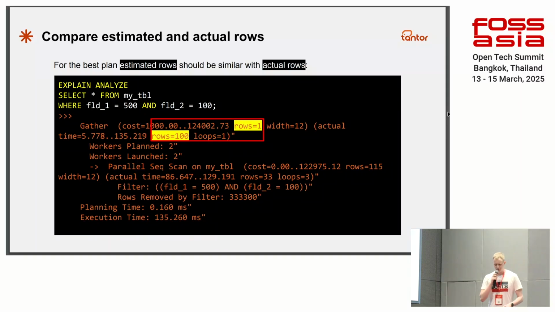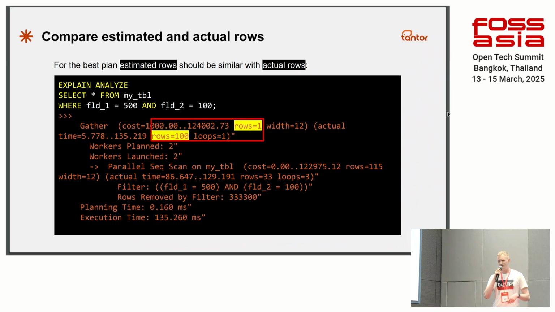So, the first issue, perhaps somebody faces it: your estimation of rows in some queries is bad, because some issue predicts a wrong number of rows, and because of that your plan is not correct, not optimal.